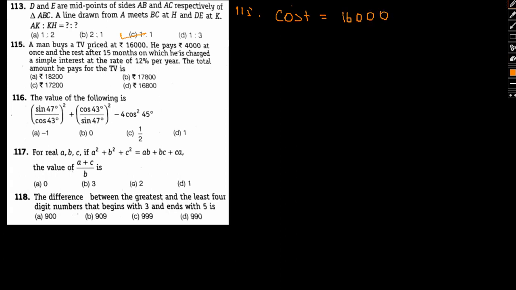He pays 4,000 at once, so the amount left will be 12,000, which he is charged simple interest on at 12% per year for 15 months.